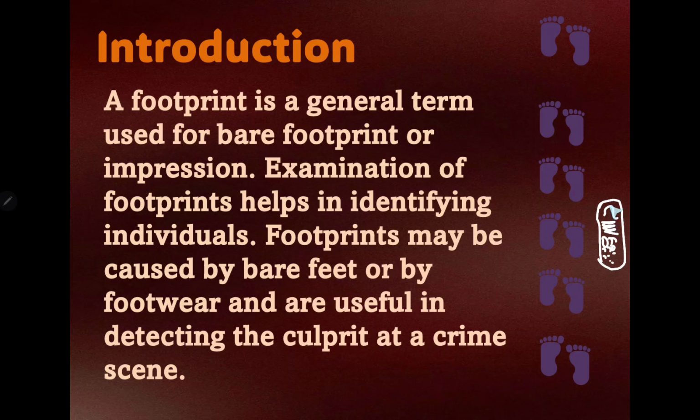Whatever the design is on the down part of the footwear, that will be different for each and every company. Based on that, we can come to a conclusion about what type of brand of shoes the culprit was wearing. So we can match the known sample to the unknown sample, and they are useful in detecting the culprit at the scene of crime.